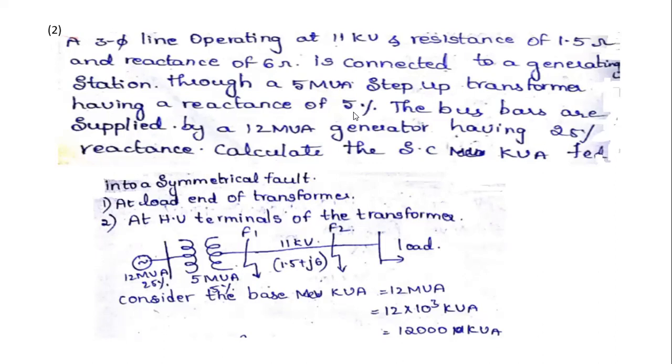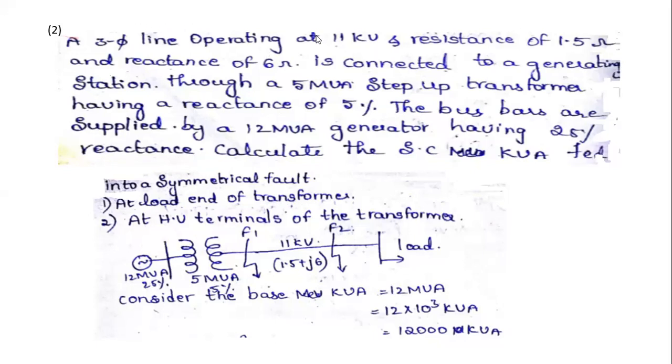The bus bars are supplied by a 12 MVA generator having 25% reactance. Calculate the short circuit kVA fed into symmetrical faults at the load end of the transformer and at the HV terminals of the transformer.